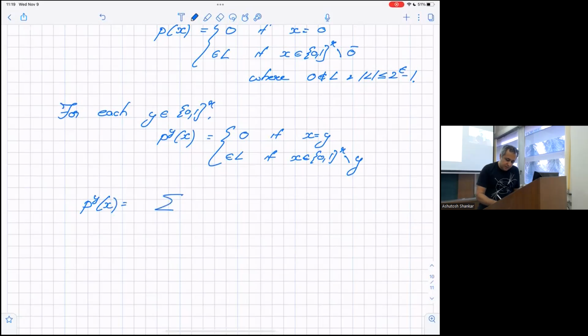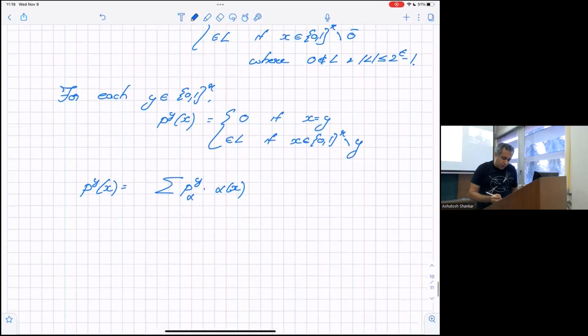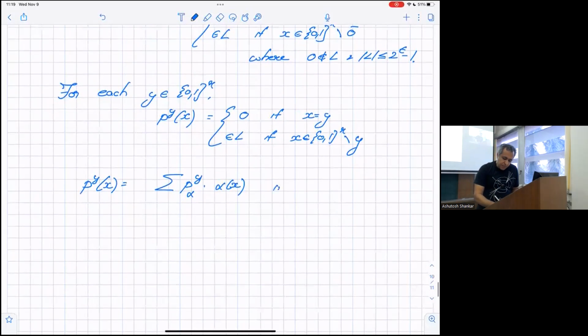Py of x can be written as the sum of Py alpha times alpha of x. I'm just writing it in the monomial basis. And I know that the degree of Py is small because that's how it was given, of small degree. What do I know? In the monomial basis, what is the monomial basis?